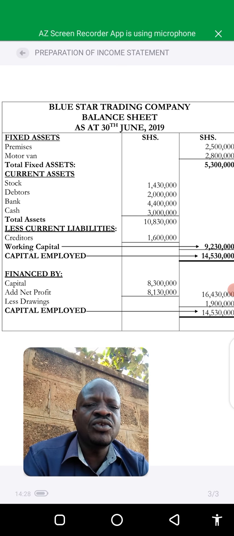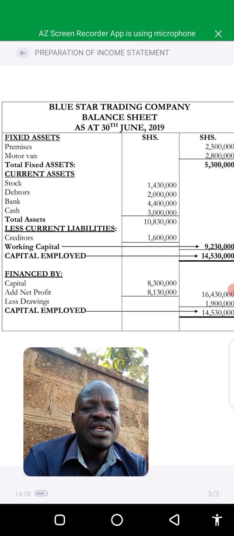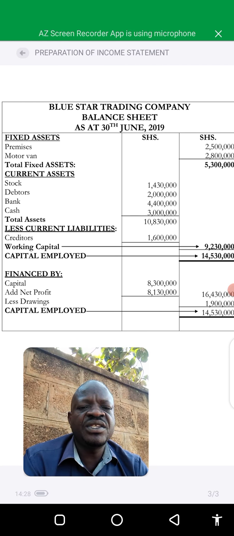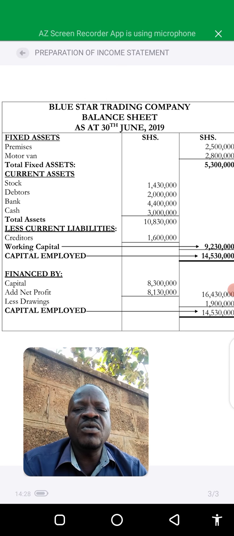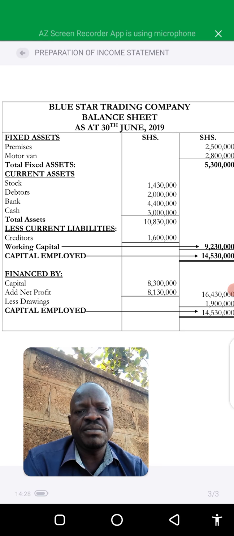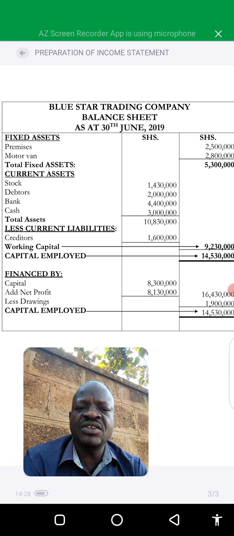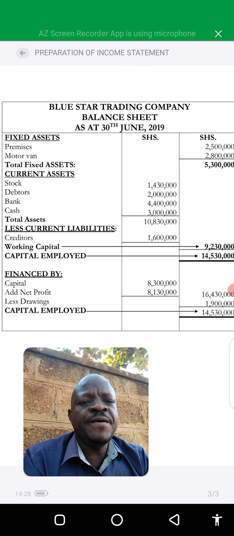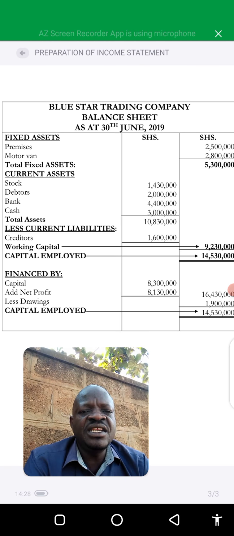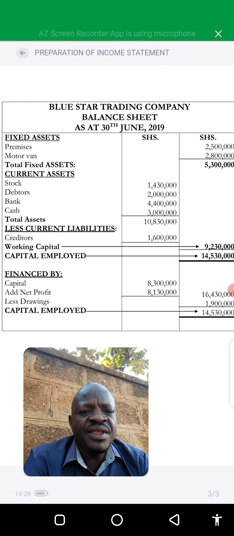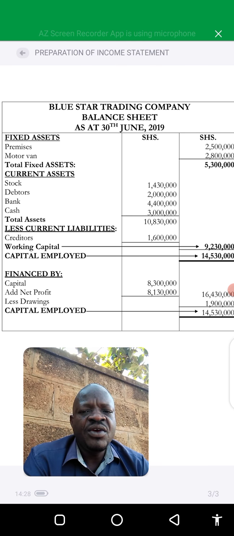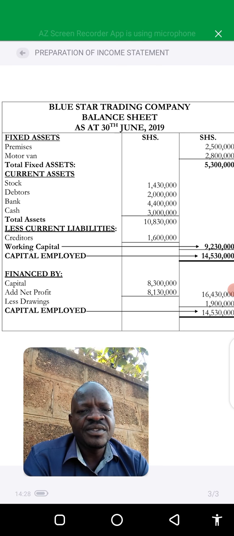When we add their total, we get 5,300,000. And that becomes total fixed assets. We can also call them total non-current assets. It has no problem. It's the same thing. So here we are calling them total fixed assets. And the total fixed assets here in this case is 5,300,000.